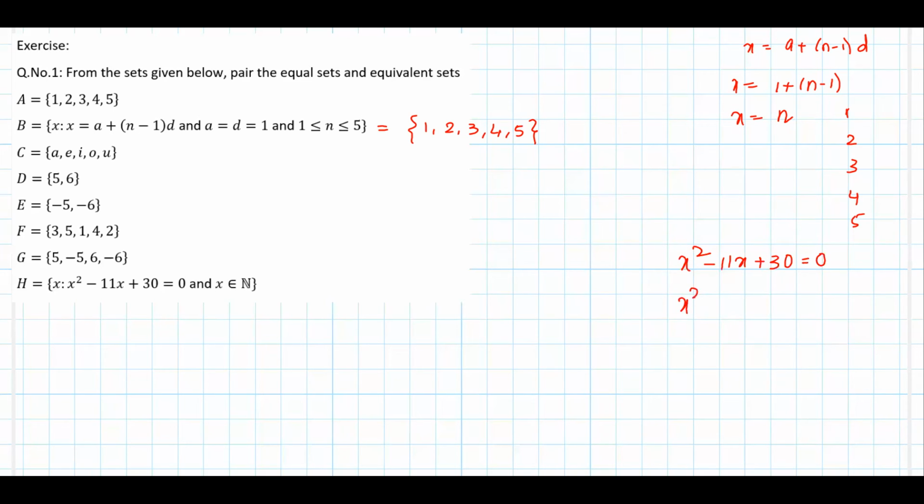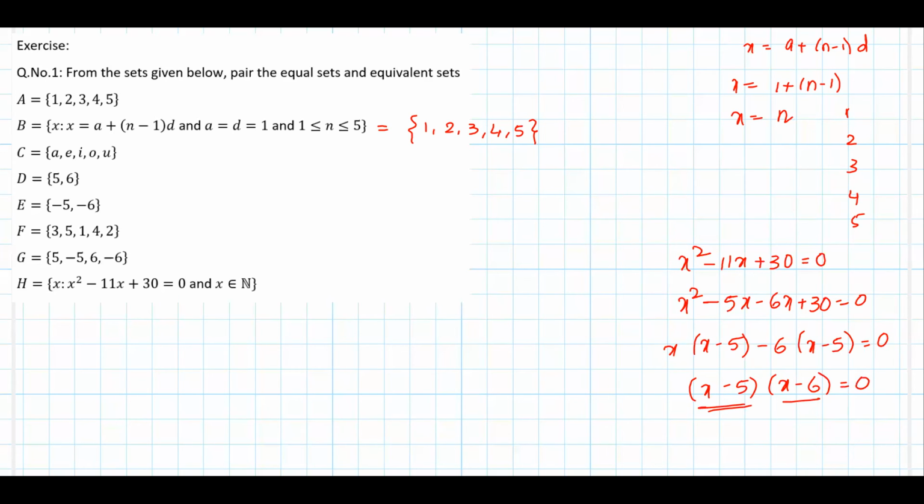The combination is x squared minus 5x minus 6x plus 30. Taking x common from the first 2 terms, we'll be having x minus 5. Taking minus 6 common from the third term and fourth term, we'll be having x minus 5. And then we can take x minus 5 common and we have x minus 6 here.